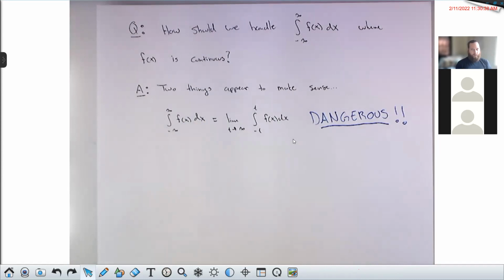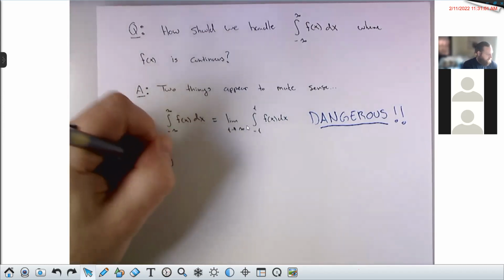Remember, when I say that an integral converges, that should mean that the area is finite. There are many functions f of x such that this limit would come out to be finite, even though the area being measured is infinite. And I'll let that sit in your brain for a second while I tell you the correct way to do this.